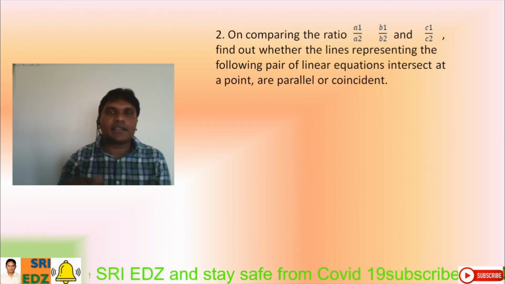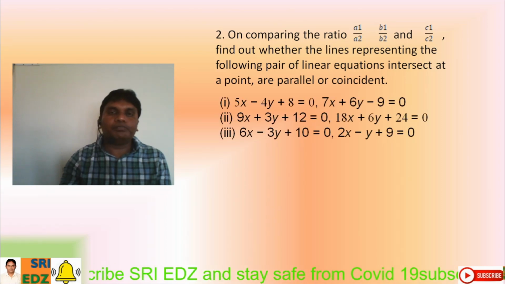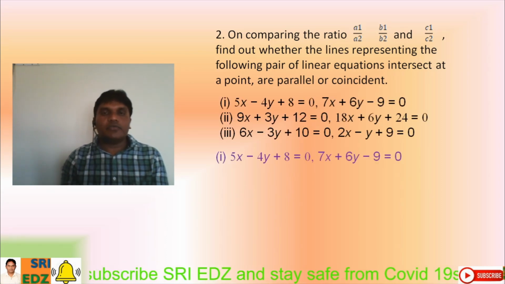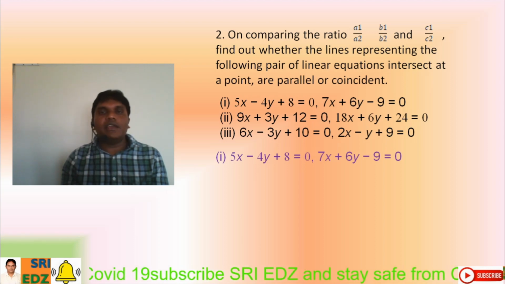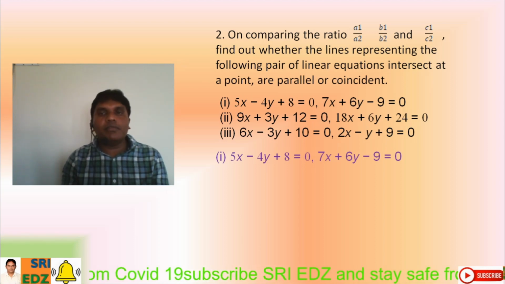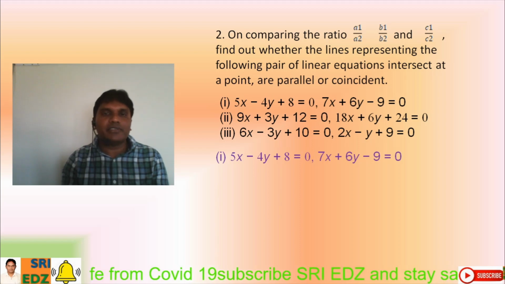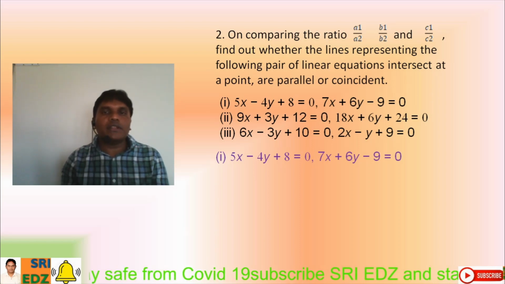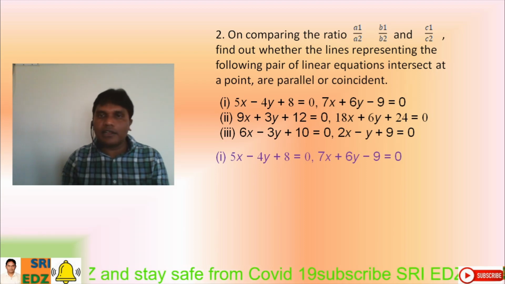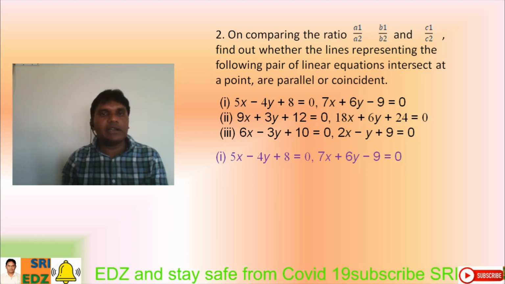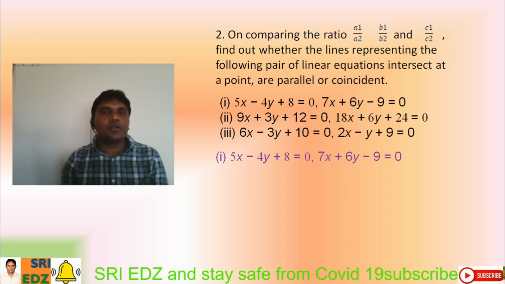And the second question in the exercise, we have one on comparing the ratios a1 by a2, b1 by b2 and c1 by c2. Find out whether the lines representing the following pair of linear equations intersect at a point, or are parallel, or coincide.